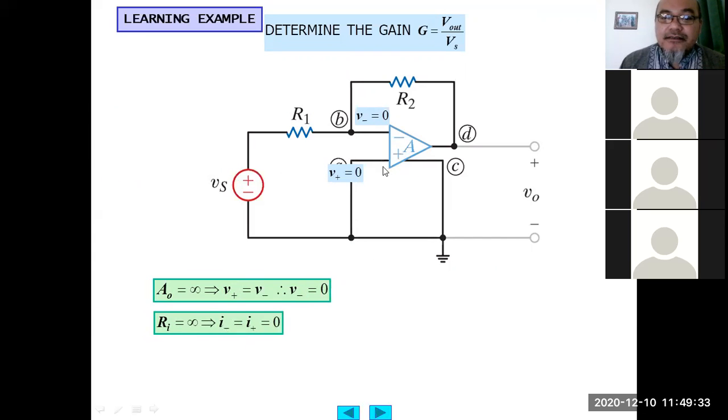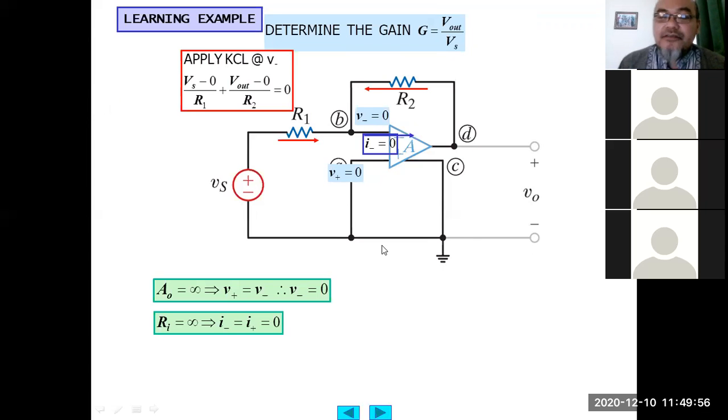So Ri is infinity, so there is no current flowing from this node towards the op-amp, and no current flowing from the ground towards the positive terminal, right? Because Ri is infinity. This is the ideal op-amp assumption, be careful. So I negative is also 0.